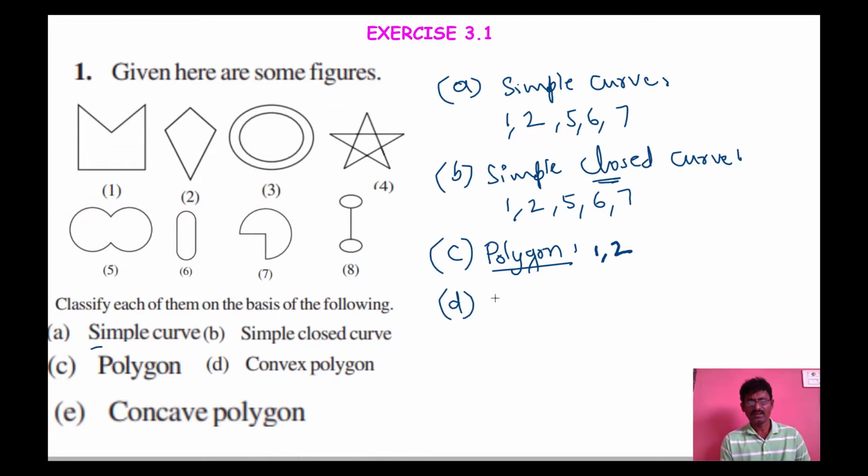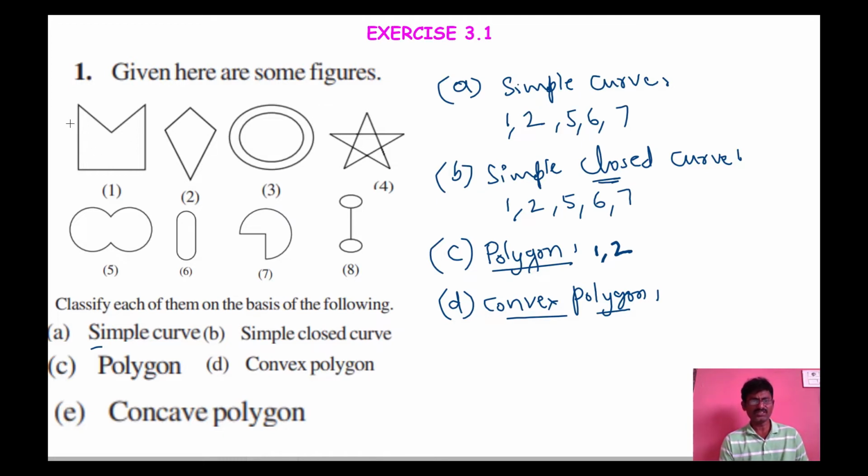Next D, convex polygon. First of all, what is a convex polygon? A polygon in which all the diagonals are in the interior of the polygon is said to be a convex polygon. Here we need to check just 1 and 2 only, because those are the only polygons we have.